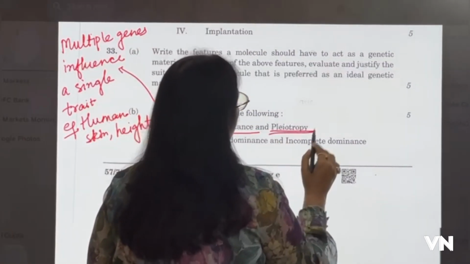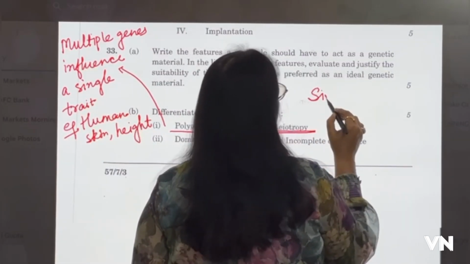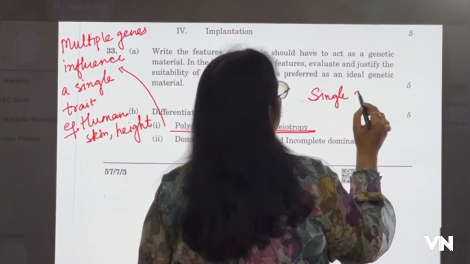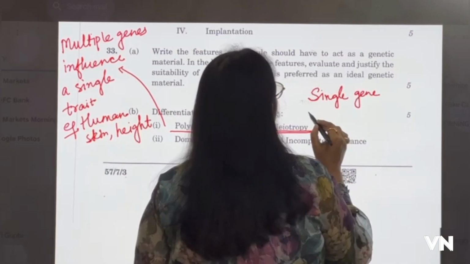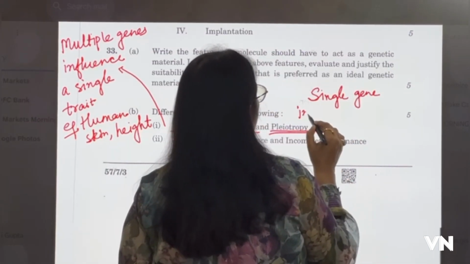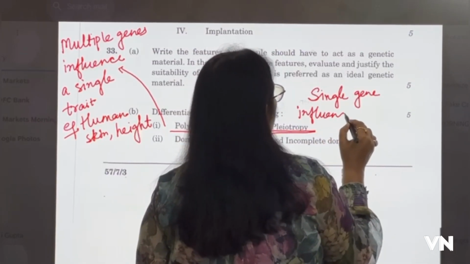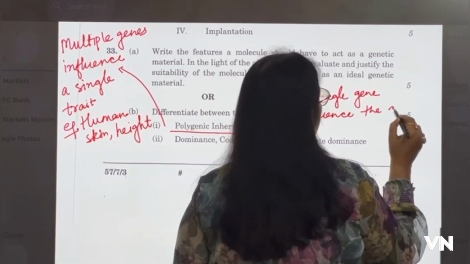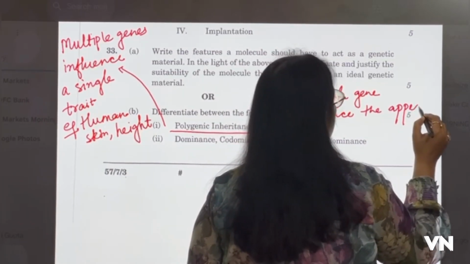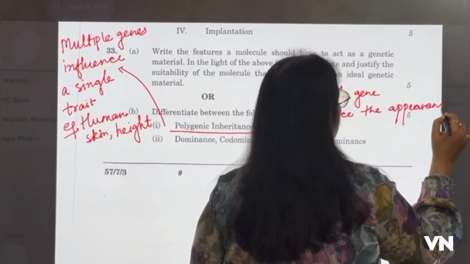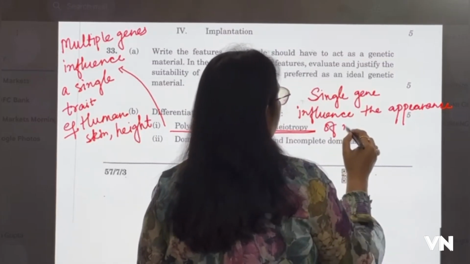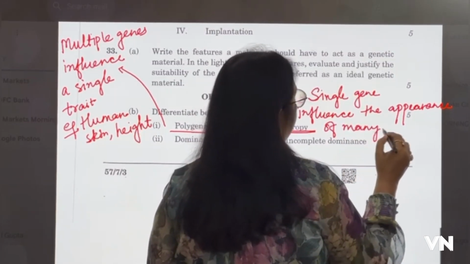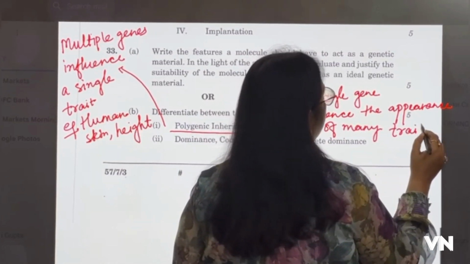Pleiotropy, a single gene influences the appearance of many traits. Example, phenylketonuria.